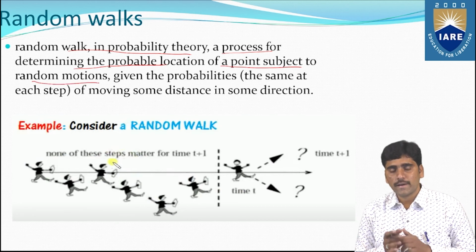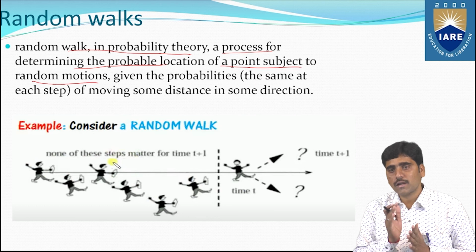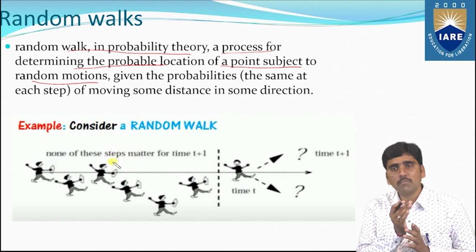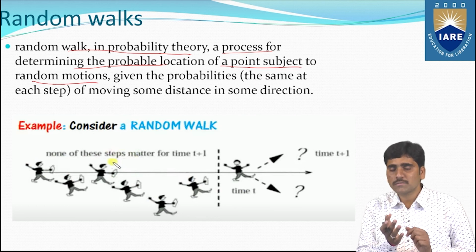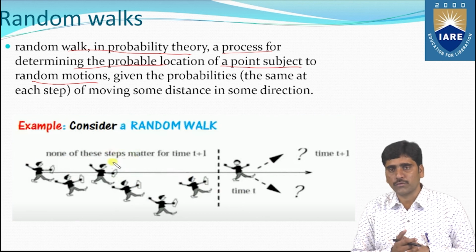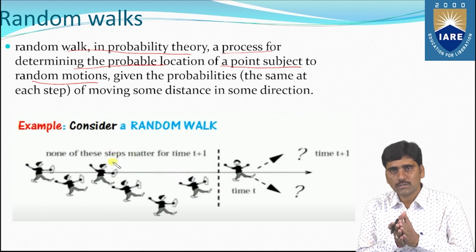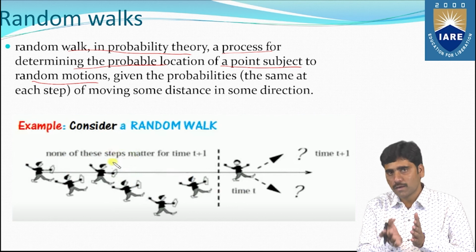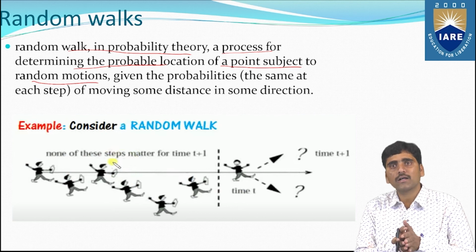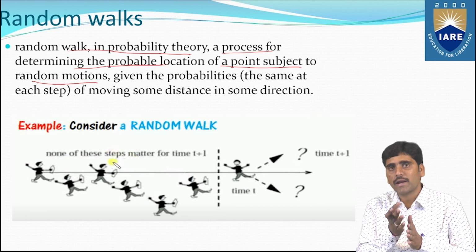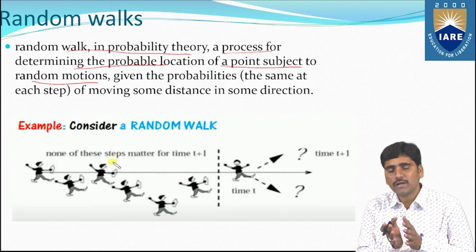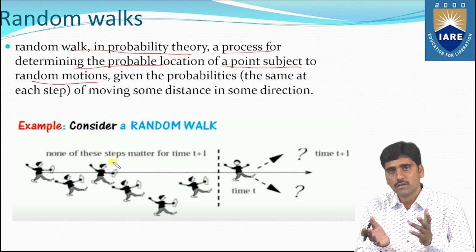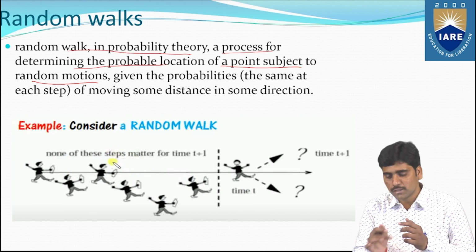That means random walks contain random movements, and that all comes under the random process point of view. So the random process is a collection of random variables indexed by the time. Similarly, a random walk is a function of a random process with different movements indexed by the time t.